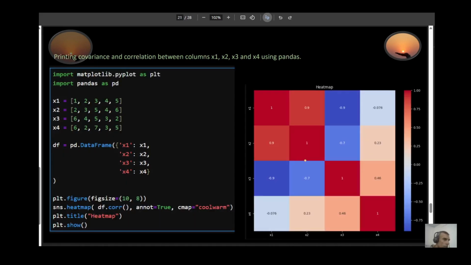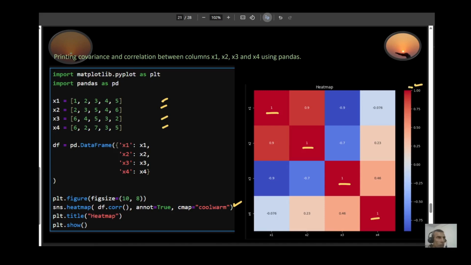Now you can also see this relationship visually using a heat map. So I have the same variables x1, x2, x3, x4, and I'm calling my heat map right here. One of the characteristics of a heat map is that your diagonal elements will always be equal to 1, as I explained before, and you will have a color map right here.